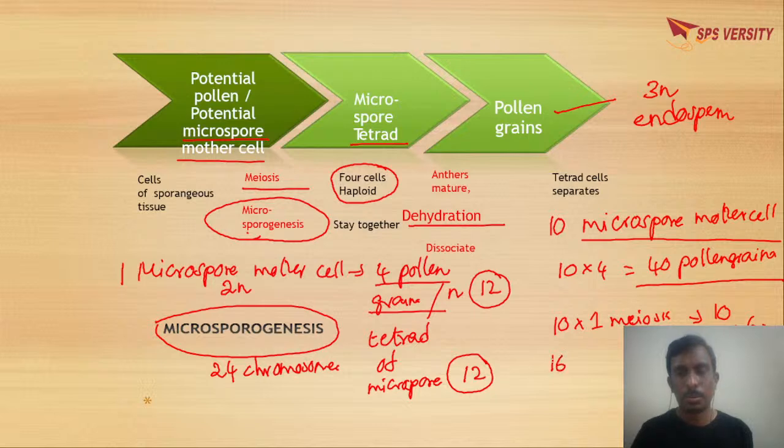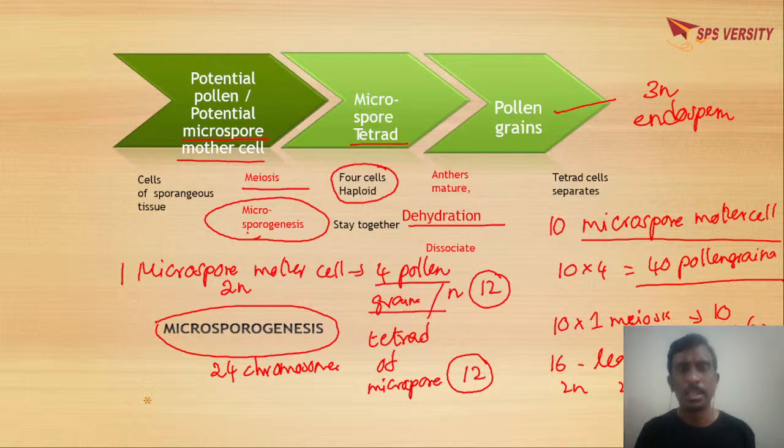A leaf cell is diploid, so 2n is equal to 16. Whatever is asked, like what is the chromosome number in pollen? Pollen is haploid, that means half of this, 8. Microspore is haploid, half of this, 8. Like this, you can answer when you remember the ploidy of structures.